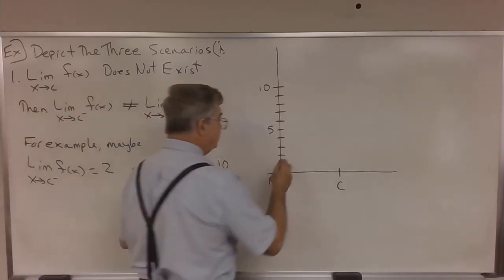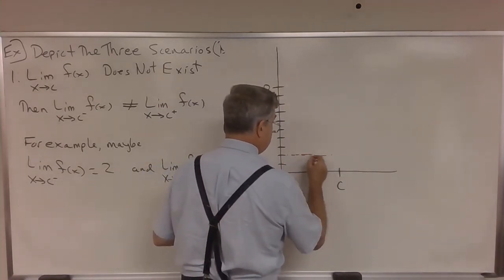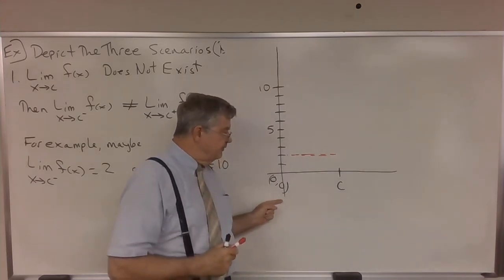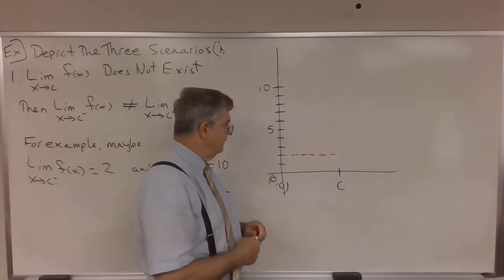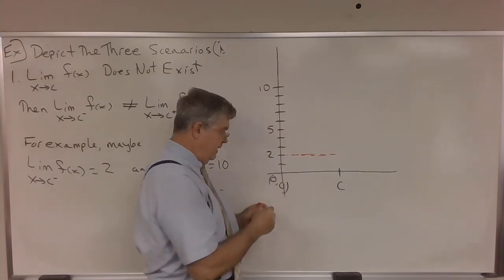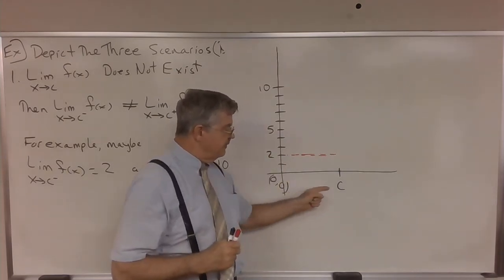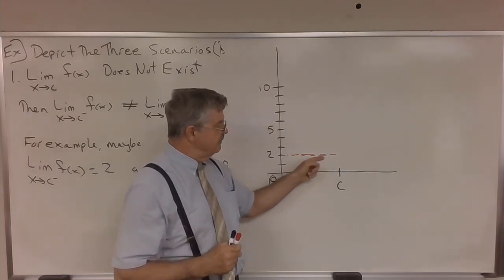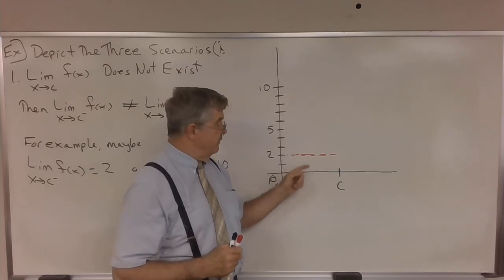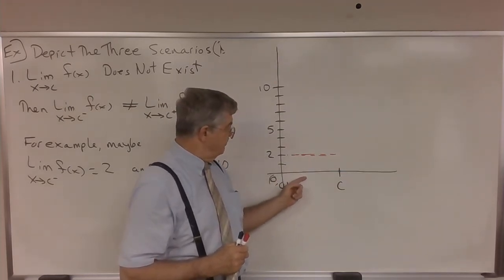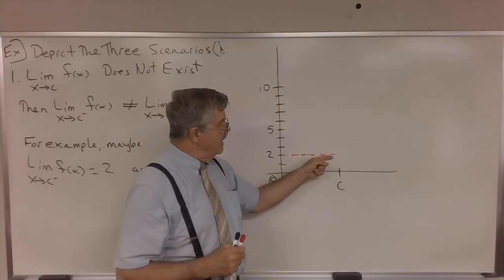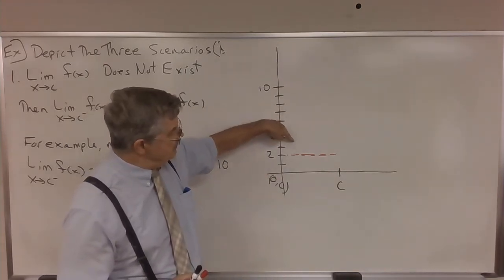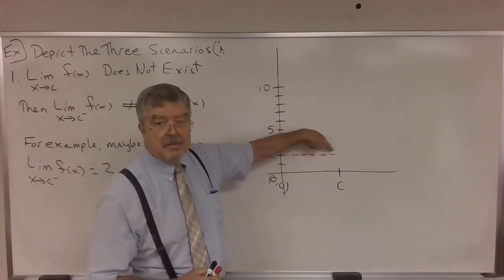Well, here's x equal 2 on our graph. So as x approaches c from the left, let me put a 2 here. As x approaches c from the left, the graph is going to get closer and closer to this line. Now, the graph may approach the line y equal 2 from below, or maybe from above.